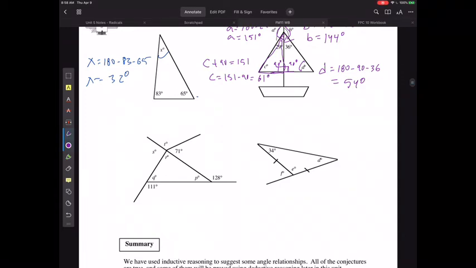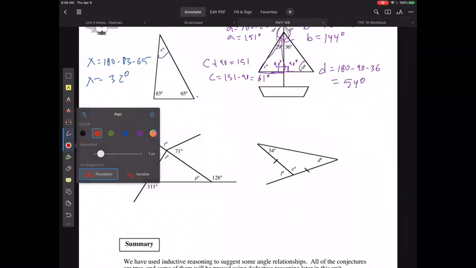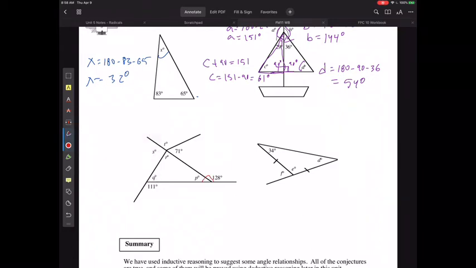If I take a look at the next set, I'm going to start by saying that P and 128 are going to be a straight line, which means that P is going to equal 180 minus 128, or P is going to equal 52 degrees. I'm going to say that Q and 111 are a straight line, so Q is going to equal 180 minus 111.